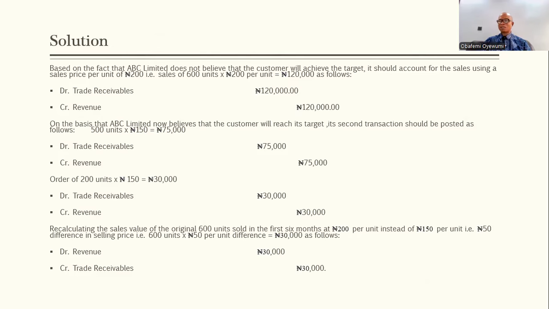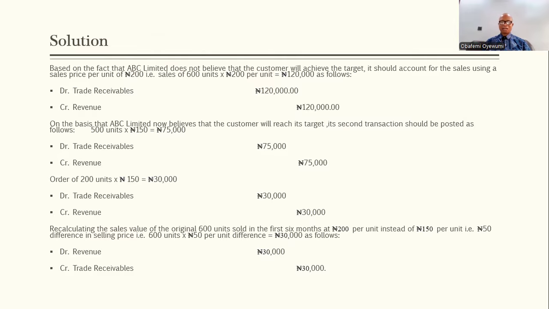So you now have to debit your revenue by 30,000 and then credit trade receivables by 30,000. That is how to treat this transaction based on IFRS 15.